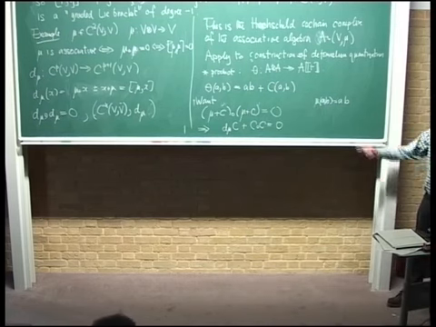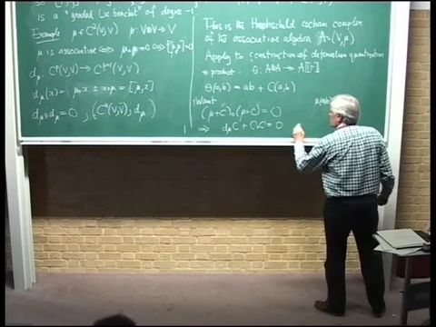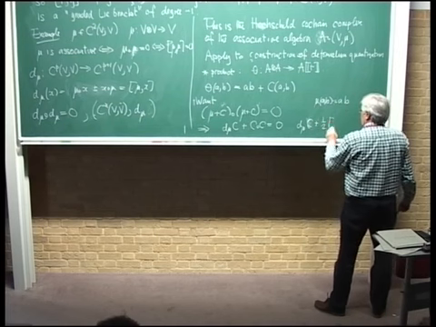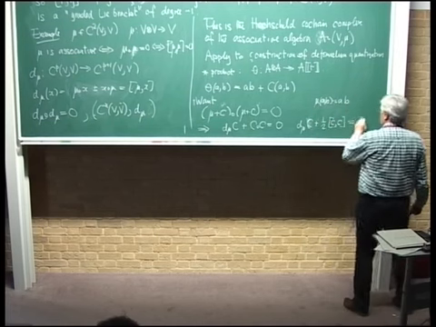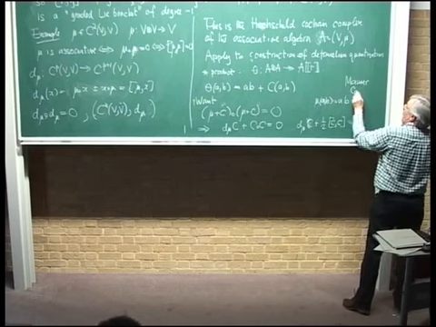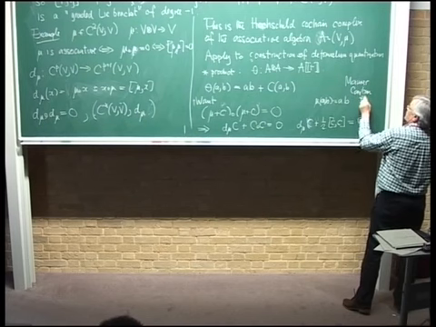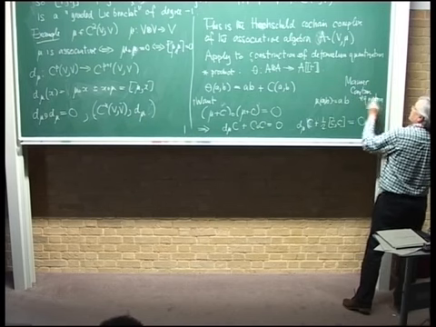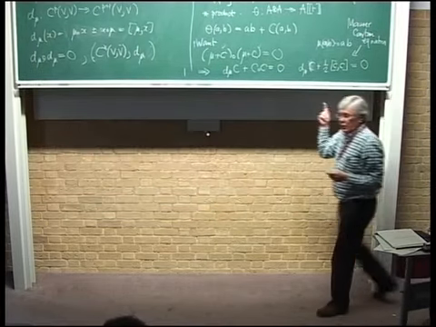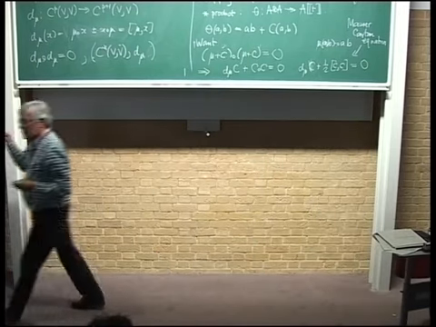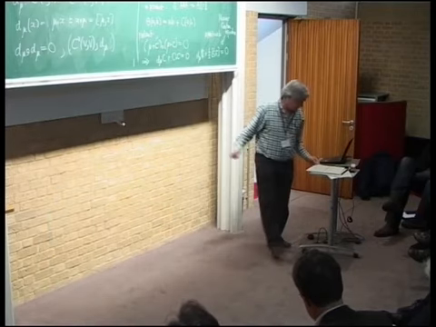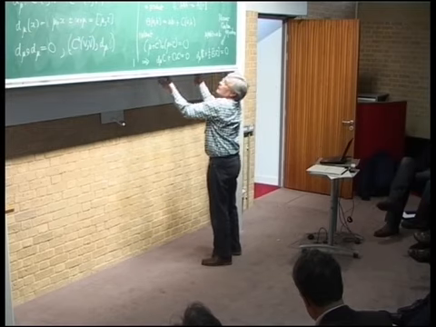It's sometimes written d mu of c plus 1/2 the bracket of c with c is 0. So what we're looking for then is solutions of the Maurer-Cartan equation in this context.